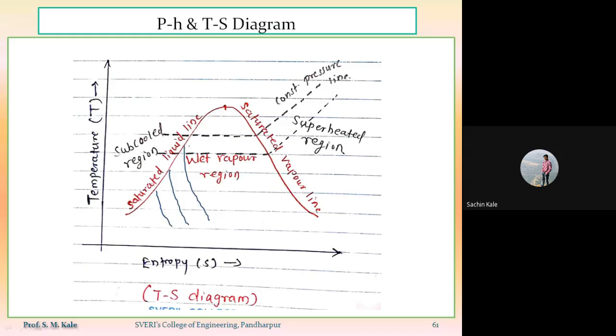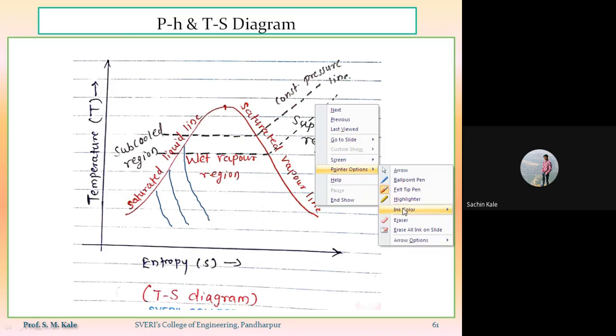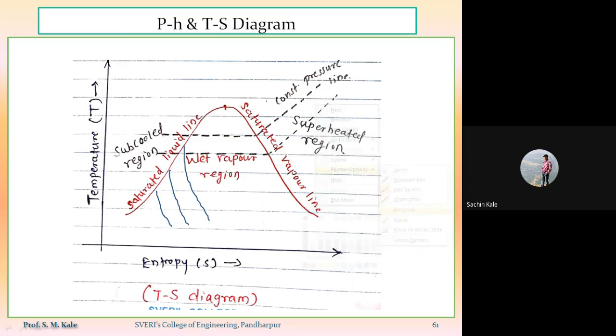And here, what correction you have to do? Whatever constant pressure lines are there, a small correction is there. Here in the subcooled region, those constant pressure lines will be inclined, not straight lines.